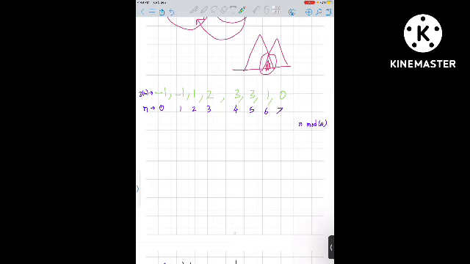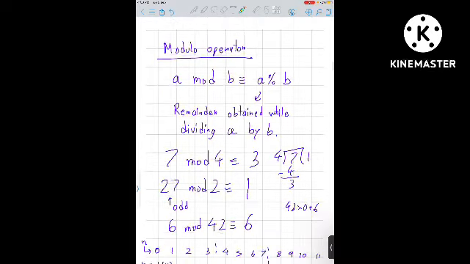So what the mod operator does is, let me write it, the modulo operator. Let's say I want to do a mod b. If you have done programming, then you might know this, a percentage b, or in other words, the remainder obtained while dividing a by b.